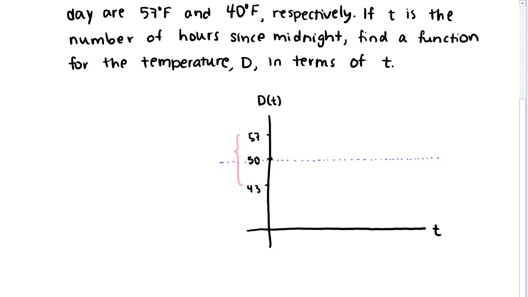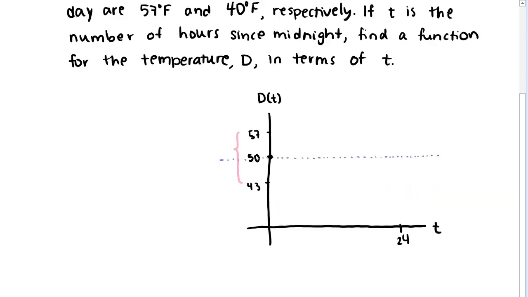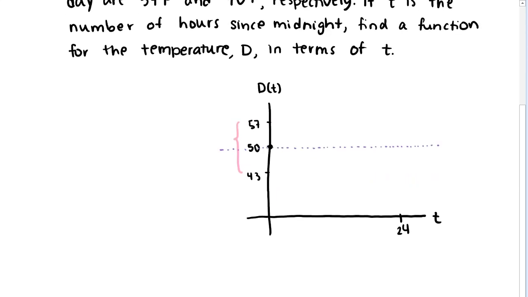So this function starts at this midline. Its temperature starts at the midline value of 50, and makes its way up and down or down and up. If t equals 0 corresponds to midnight, then we expect our function to repeat itself the next day after 24 hours, the next midnight.